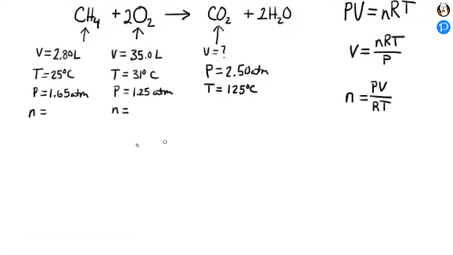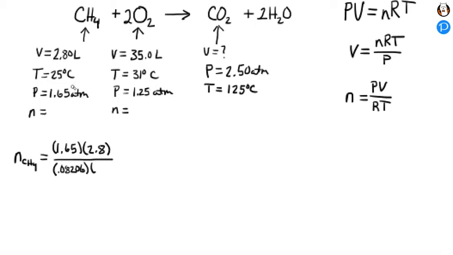Using this equation here, the number of moles of CH4 first is equal to pressure times volume, so 1.65 times 2.8 liters, over R, which is our gas constant, 0.08206, times the temperature, 25 degrees Celsius.